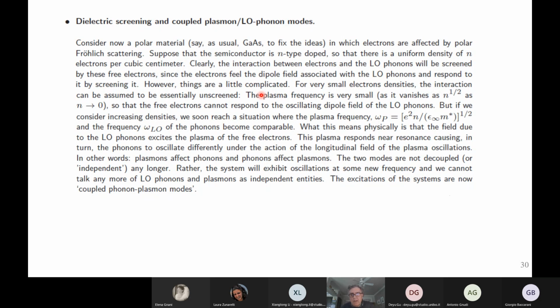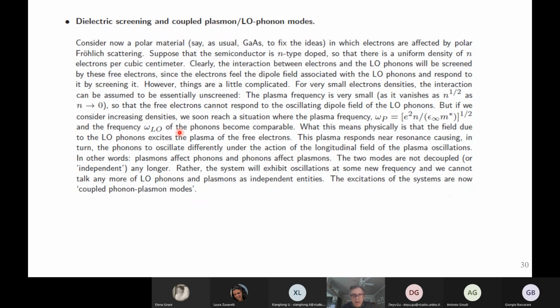When the frequencies associated with these two modes, remember the plasma frequency grows with the square root of the density, and the longitudinal optical phonon frequency we take to be a constant, begin to be comparable and approach each other, we can expect something interesting going on.